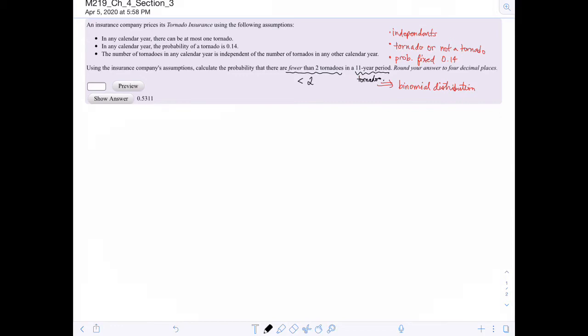Okay, so let's set this up. The probability that you have less than 2 tornadoes is equal to the probability you have no tornadoes or 1 tornado that year. Or this looks like the probability that x is less than or equal to 1.